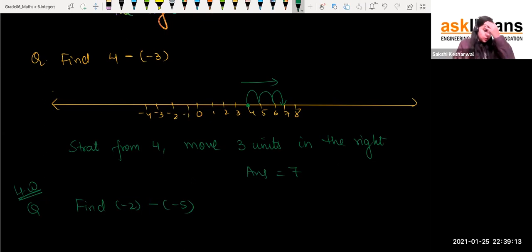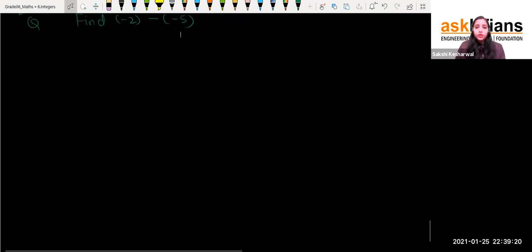Now what you have to learn is how to do the subtraction. Now we are going to do the subtraction without a number line, right? Like subtraction of a number.